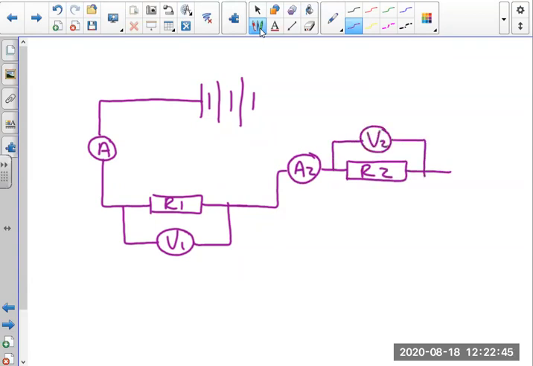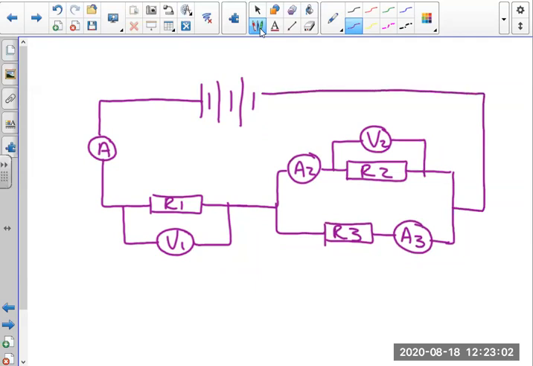And then at the bottom, I have R3, with A3. Then it goes up to the battery that we have there. And this is going to be voltmeter V4, the voltmeter reading that we have there.